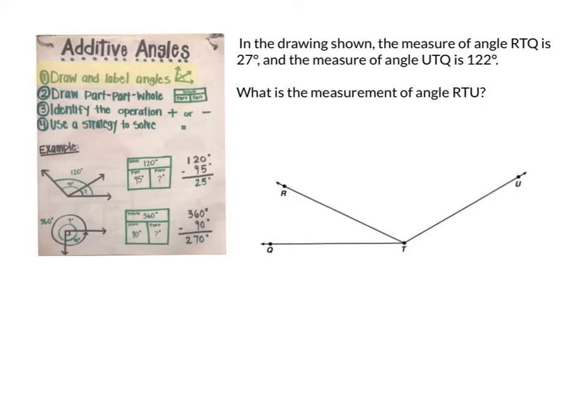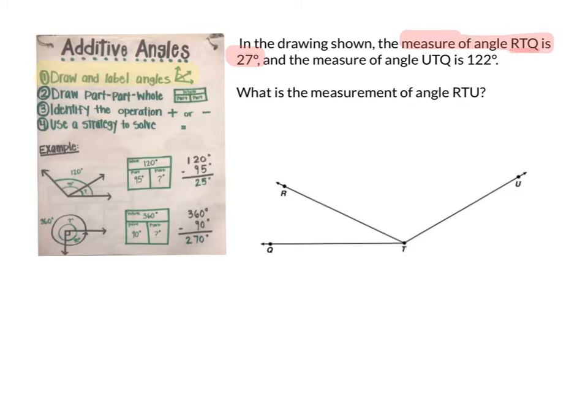So our question tells us that the measure of angle RTQ is 27 degrees. So to help me figure out which angle they're talking about here, which angle is 27 degrees, I trace the angle RTQ. So this is how I do it.